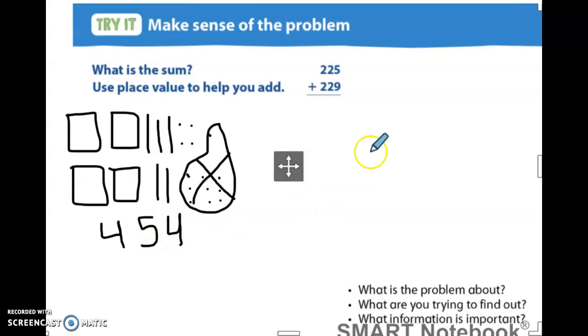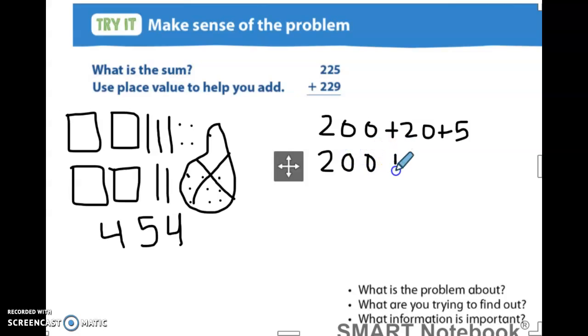Another way that you could do it is you could break it up and do 200 plus 20 plus 5, and then 200 plus 20. Oh, I messed up on that one.